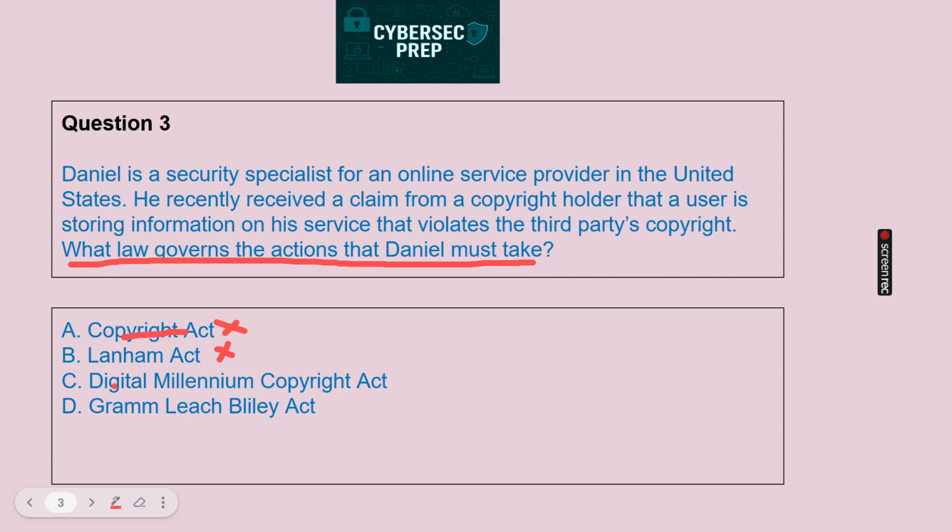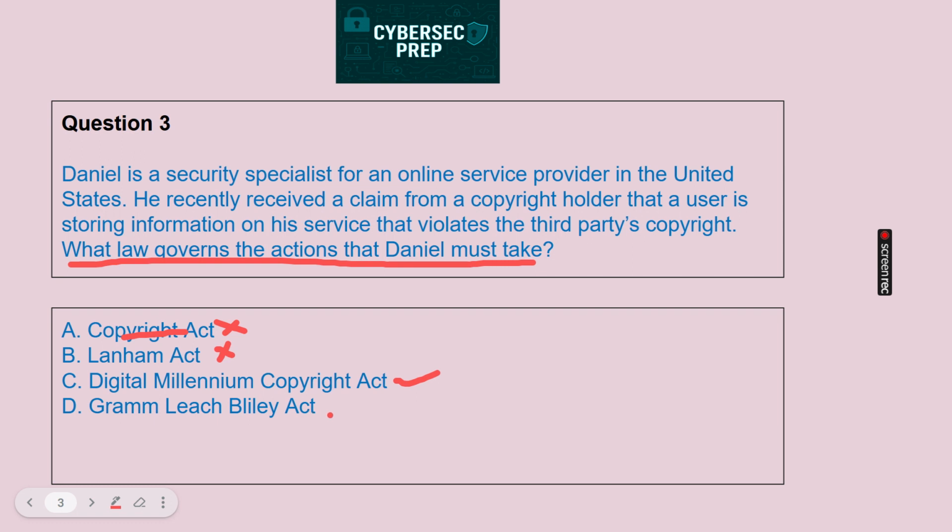Let's look at the third option, Digital Millennium Copyright Act. Now this act sets forth the requirements for online service providers when handling copyright complaints received from third parties. So this might be the correct answer, but let's also look at the last option, then we'll figure out what is the correct answer.